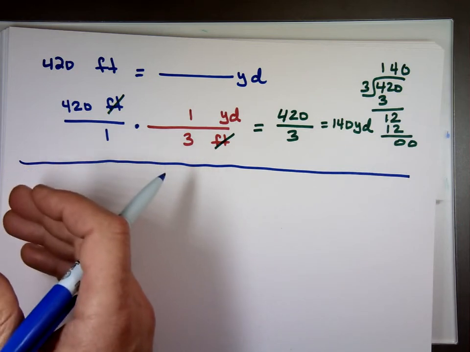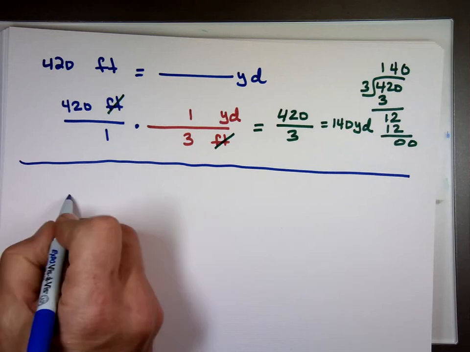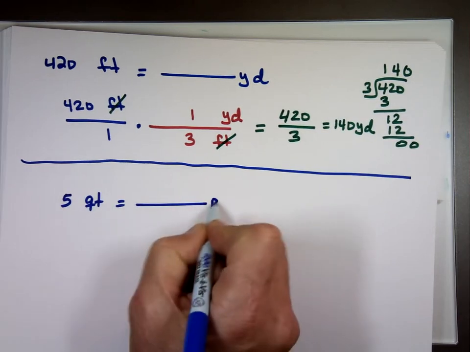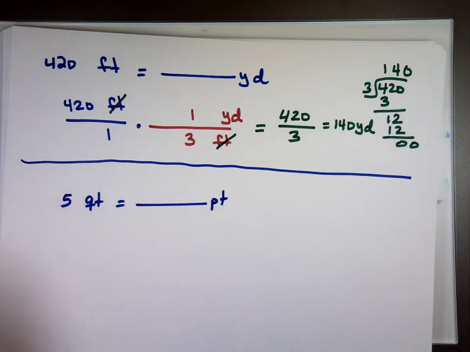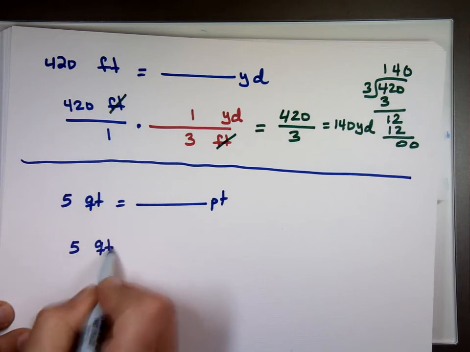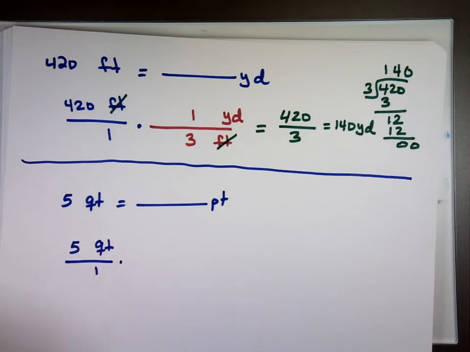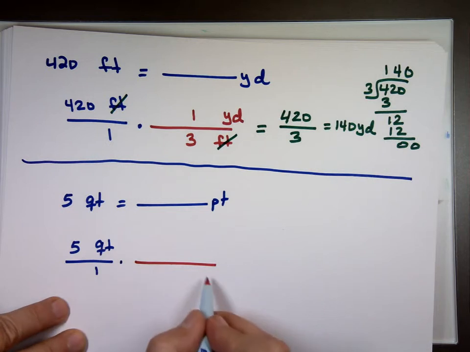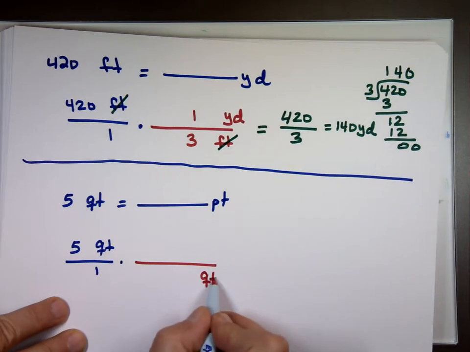5 quarts to pints. We're going to do them the same way. That's why I'm trying to push this method. So I'll make that a fraction, 5 quarts over 1 times. Now I need to find, since quart on the top, I need quart where? On the bottom, pint on the top.